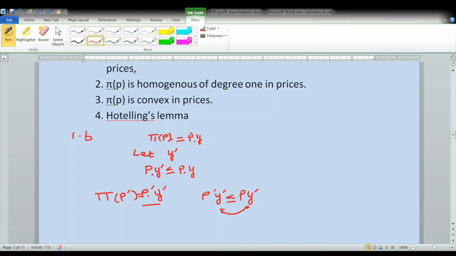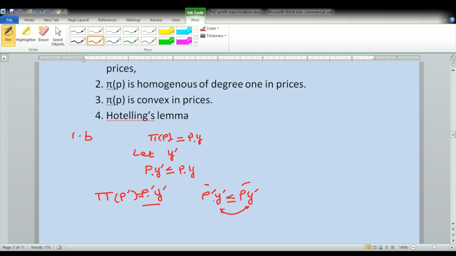Because P dash has the same output prices as P, the revenue on the left hand side is equal to the revenue on the right hand side, but input prices on the left hand side are higher.